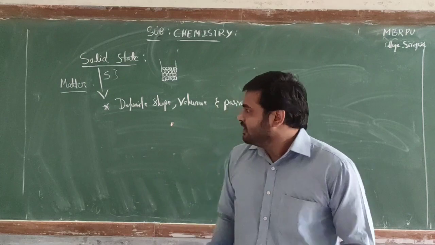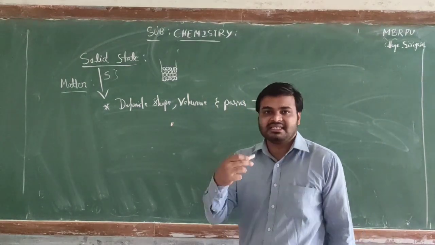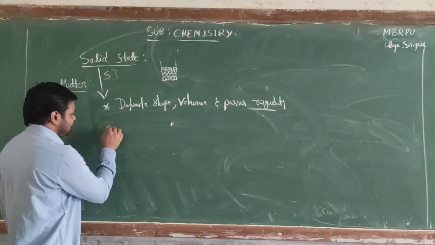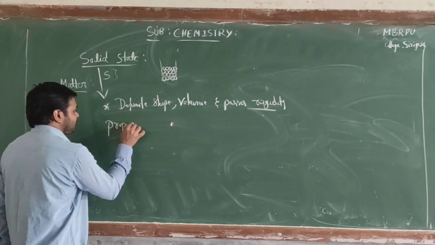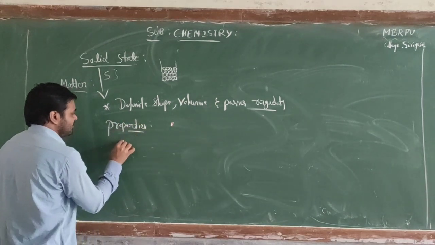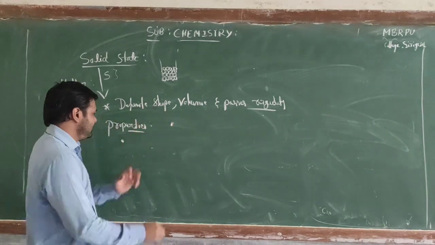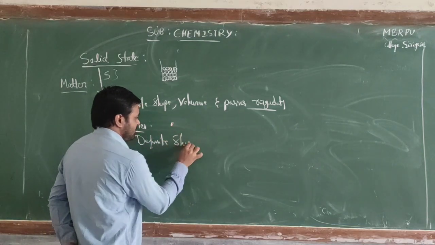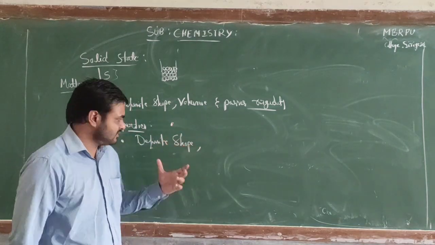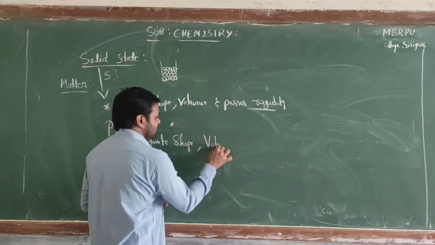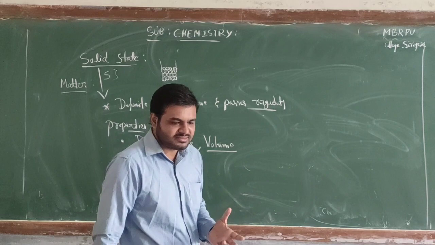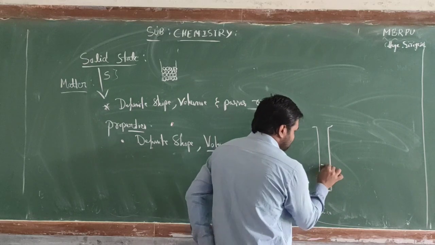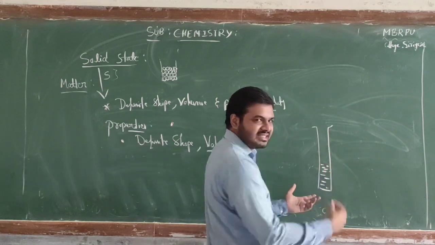Then we learn some characteristics, or properties, of solids. One by one. Already I said definite shape. Then volume. How do you identify volume? For a simple experiment, you take a cylinder container having water or any liquid.